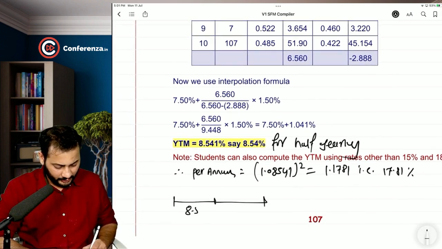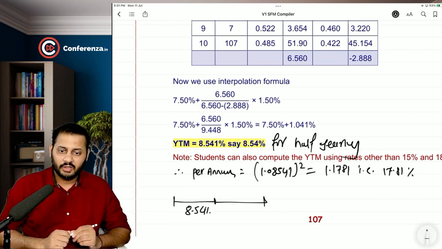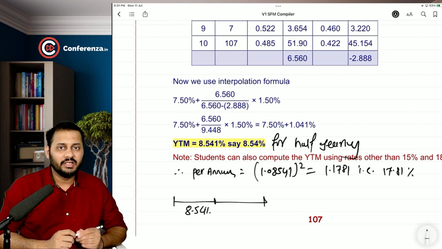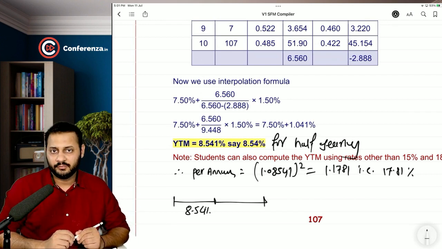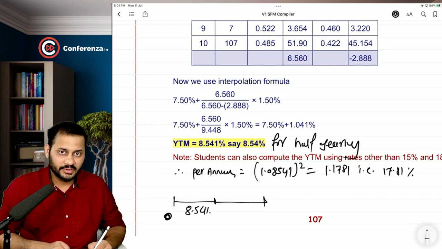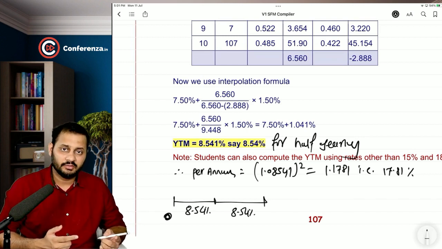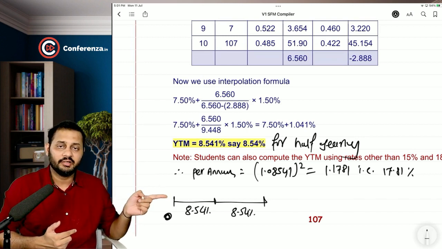See, if you will receive 8.54% in that half year, I am assuming that you are going to reinvest it, you are not going to keep it, so you don't have any cash flows, and then you invest 8.54%, so you will get 8.54% on the principal and the first half year interest also.